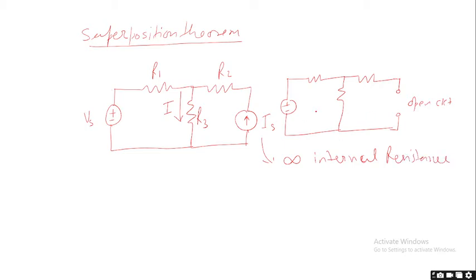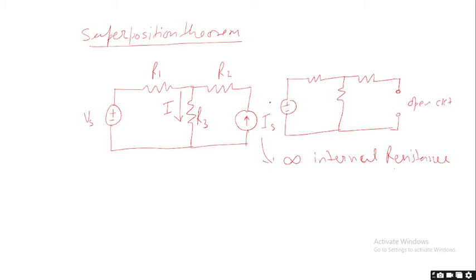So in actual, while we use one source, other sources are replaced by their internal resistances. So here the current source is replaced by its internal resistance. As the internal resistance of a current source is infinite, we make the circuit open at the place of the current source.